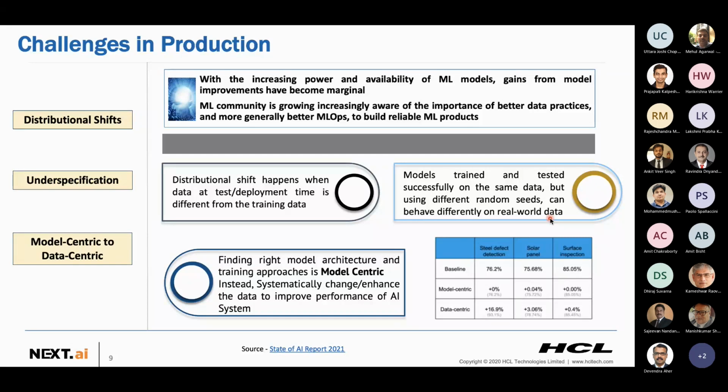So more focus is being given to finding the right model architectures and training approaches. But since data is the fuel for any model, it is equally important to enhance the data to improve the overall performance. About 99% of research papers that are published every year are model centric, and only about 1% of the contribution is made at improving the data.